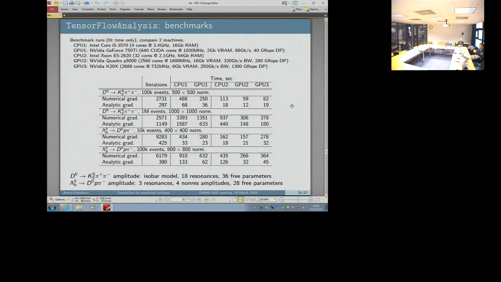But last summer for the Lambda c goes to 3-body decays, yes, I think you're absolutely right that TensorFlow, because of the libraries that already exist for things like the Wigner D matrices, the interface is very human friendly. But it was a really, really slow fit.